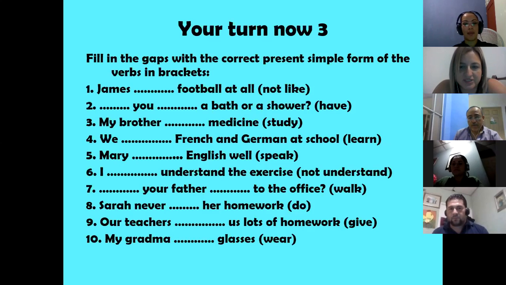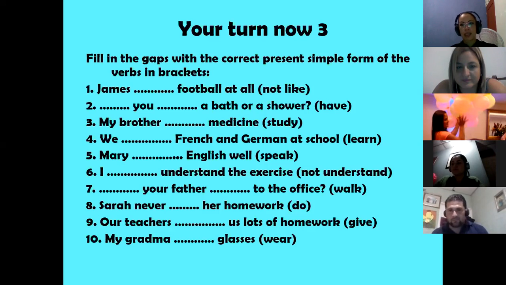Entonces no cambiamos el verbo. Si dijera our teacher en singular, sí hubiéramos dicho gives, pero en plural, our teachers, no change the verb. Okay, my grandma wears glasses. It's third person singular.